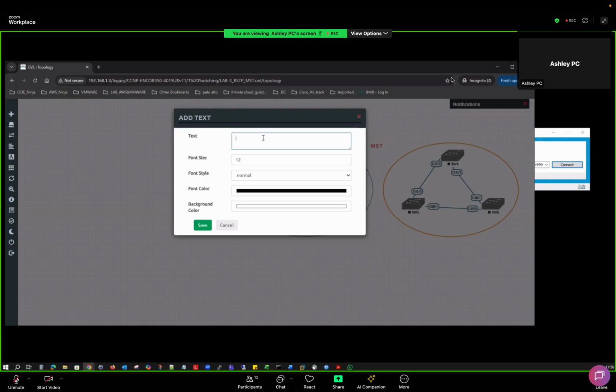We are going to create two instances. Instance 1 will map VLANs 10, 20 and 30, and the second instance, instance 2, will have 40, 50 and 60.